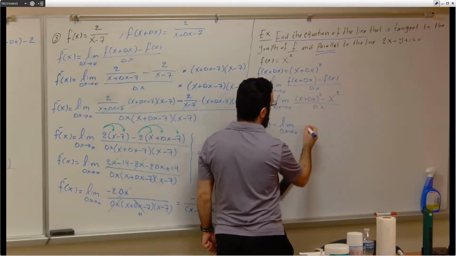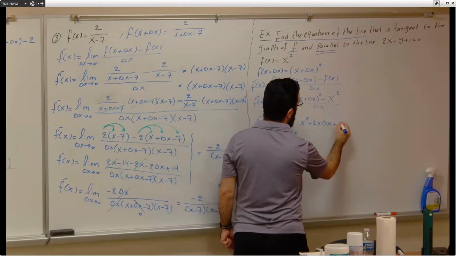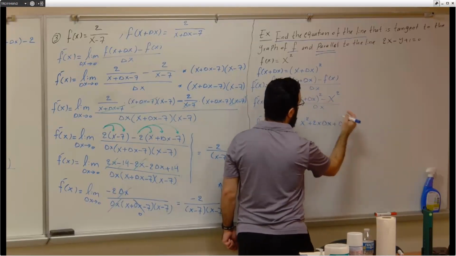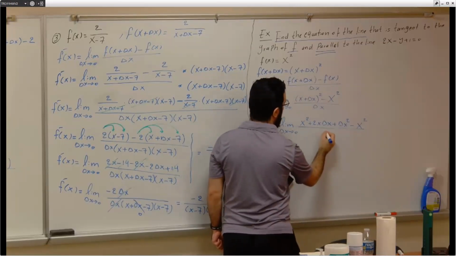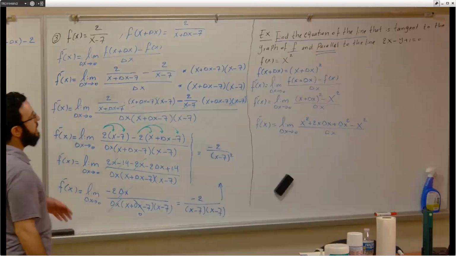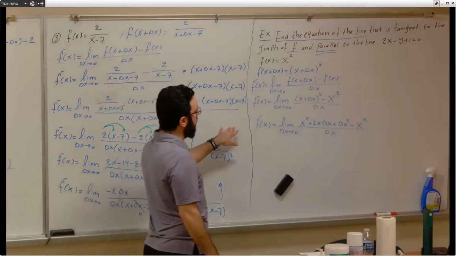When I FOIL this one, it's going to be x squared plus 2x delta x plus delta x squared, minus x squared, and everything divided by delta x. So you see, the steps to find the slope of the derivative take just one step for this example.